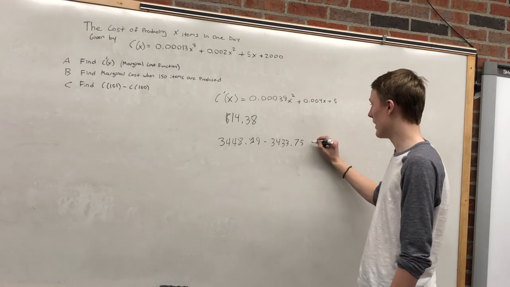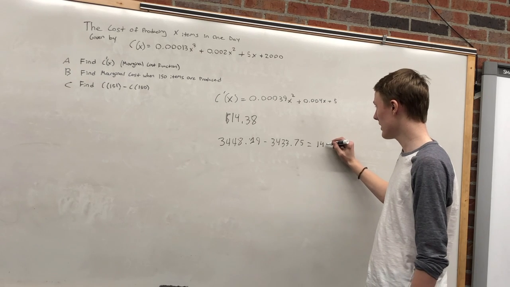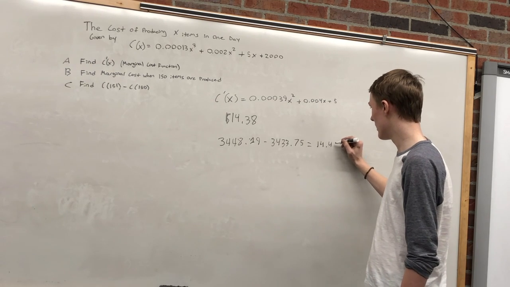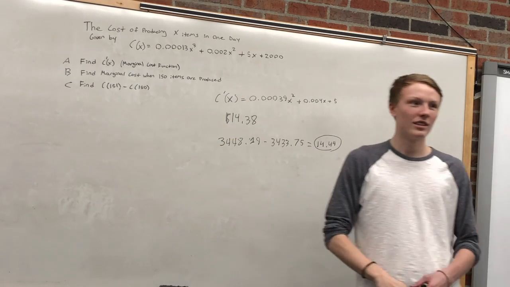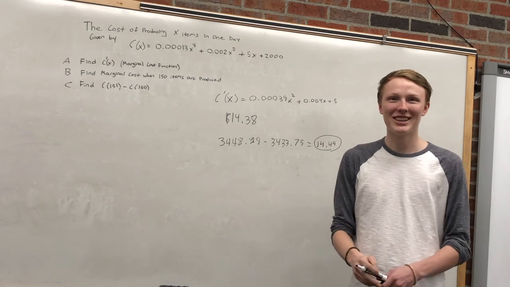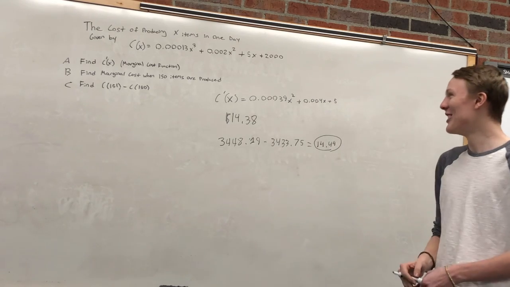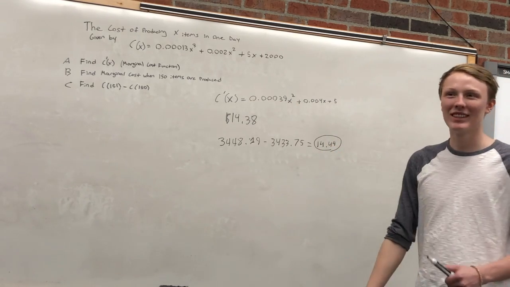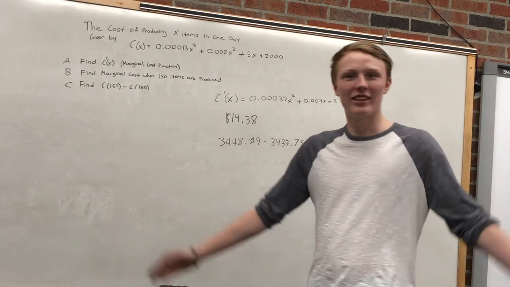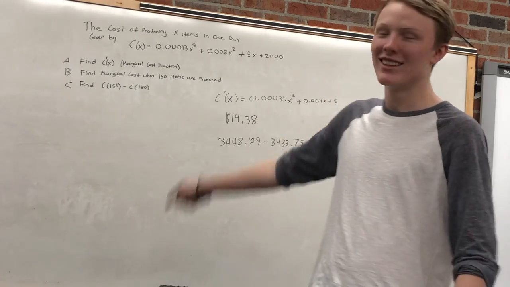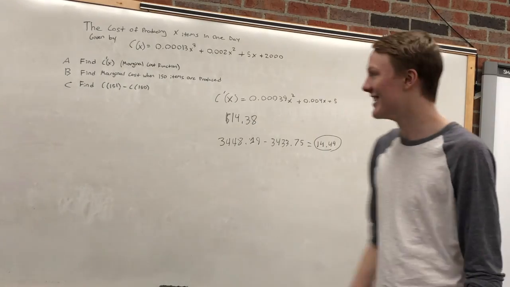All right, and that is equal to 14.44. And that is the actual cost of making the 151st item. So the answer in B gives a good estimate, which means the answer in B is good.